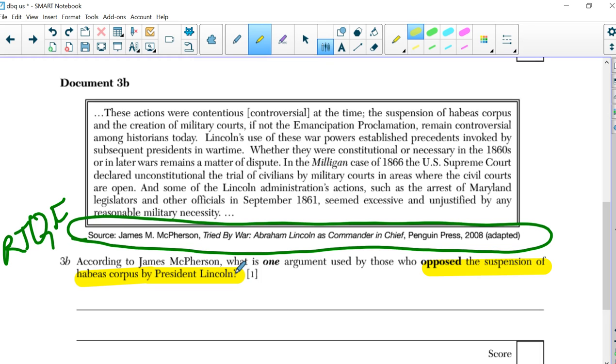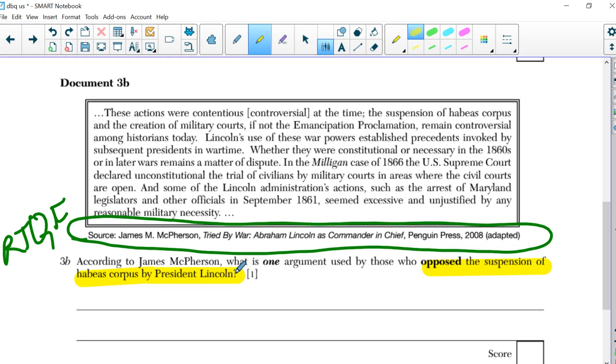The suspension of habeas corpus and the creation of military courts, if not the Emancipation Proclamation, remain controversial among historians today. Lincoln's use of these war powers established precedents invoked by subsequent presidents in wartime. Whether they were constitutional or necessary in the 1860s or in later wars remains a matter of dispute.